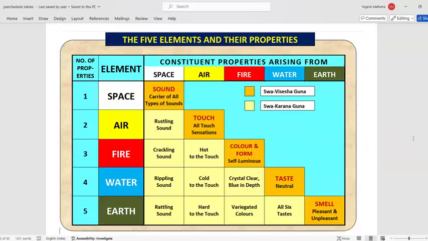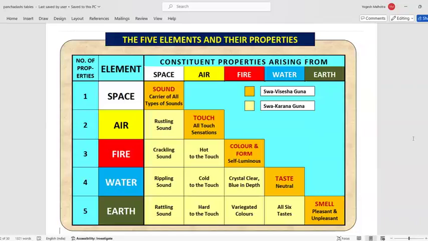Of course, there are other ways of deriving this also. We can see that in Nyaya, and we also saw it earlier in the first part. So basically, how do we understand? There are five properties, and they are all available to the four elements that we can perceive easily.